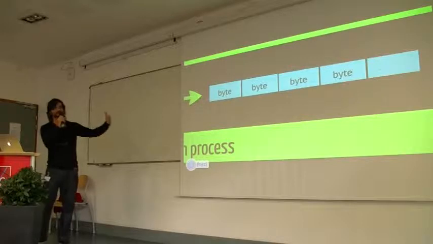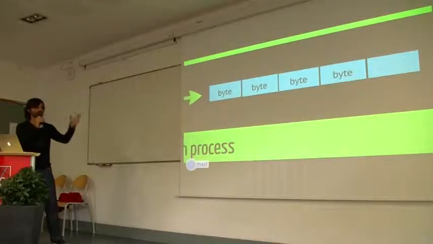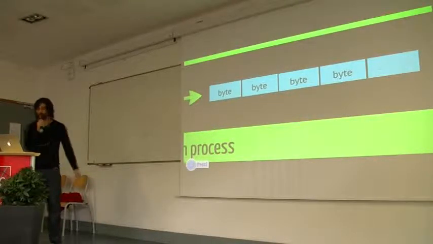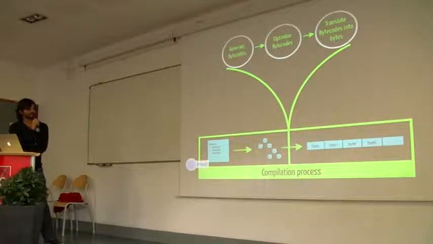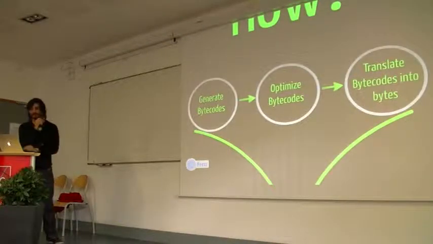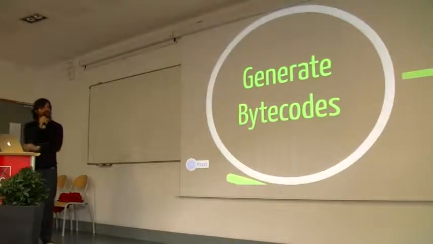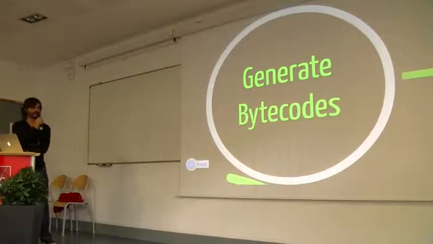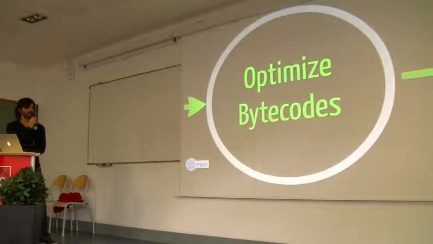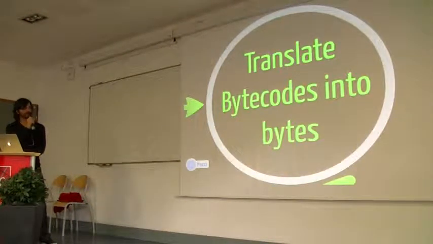This is the way, for instance, in which Digitalx performs this translation. So we can insert in the middle of these two last stages the generation of bytecodes, that is, create objects for representing bytecodes, then we can optimize them and finally translate them into actual bytes.